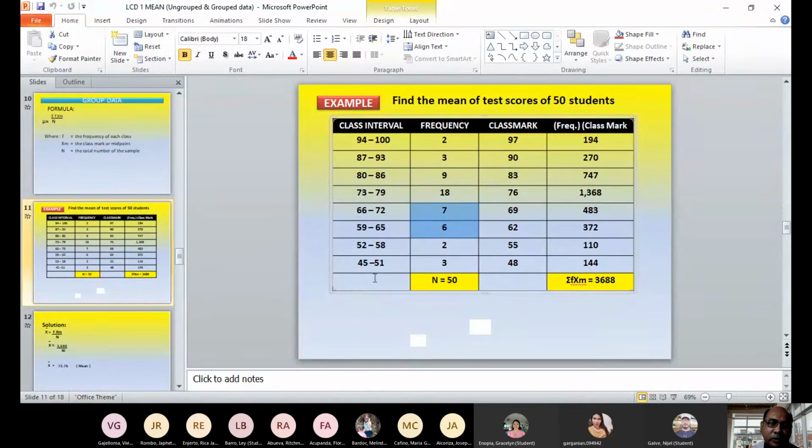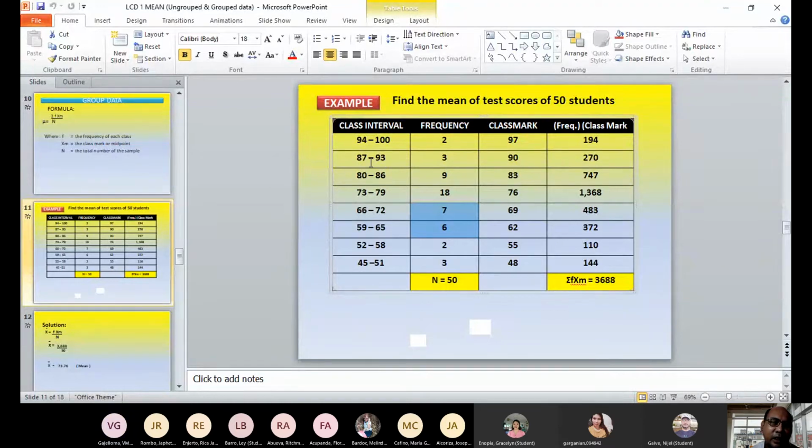Meaning, this is the lowest score. Then, from this given class interval, we can determine automatically the value of i. That is the class size or interval size.